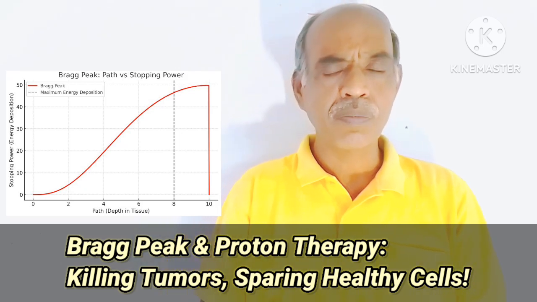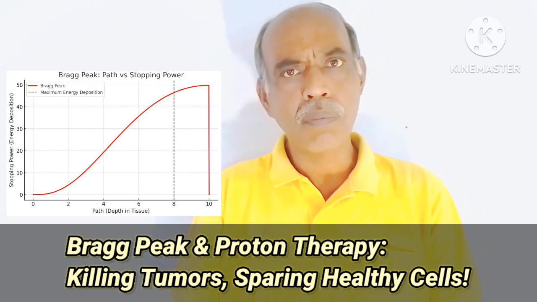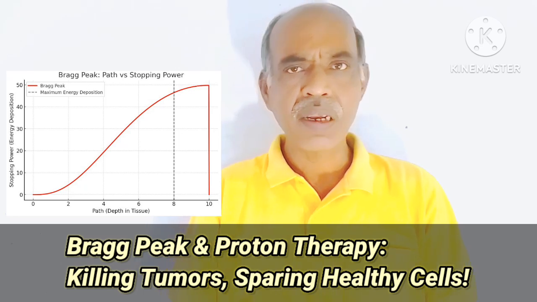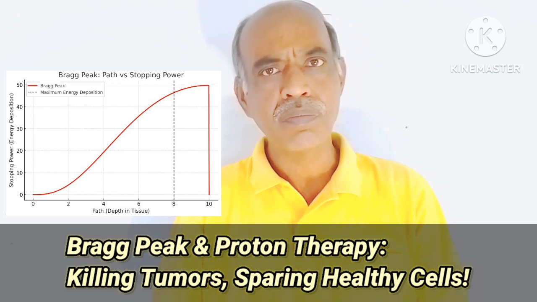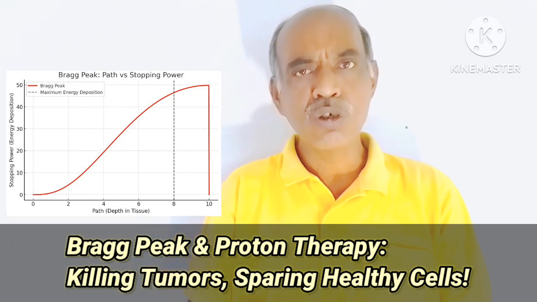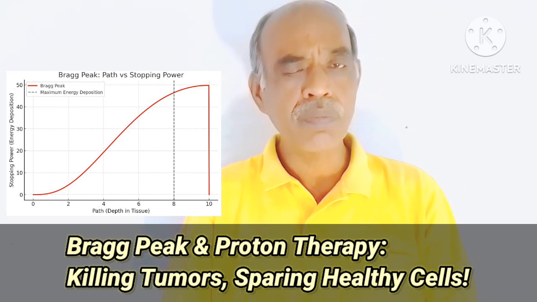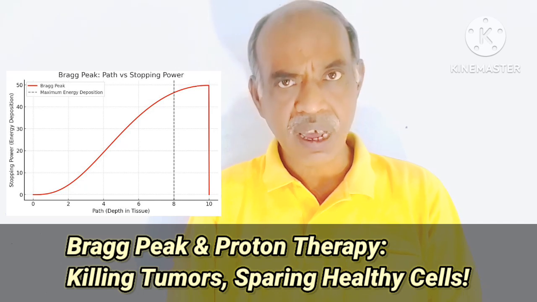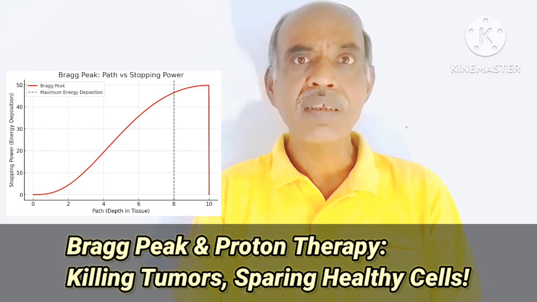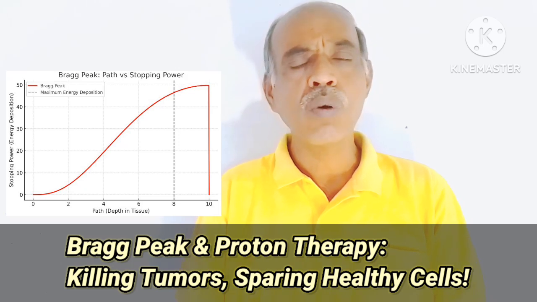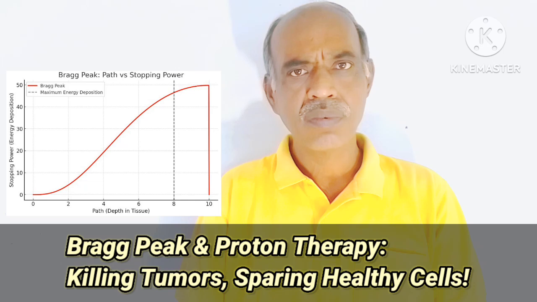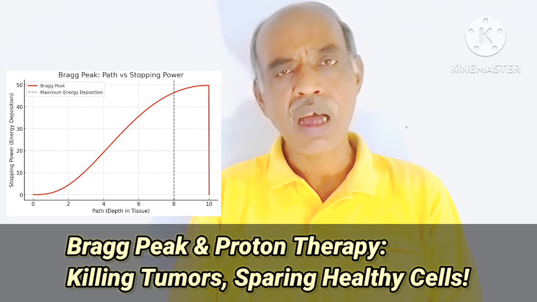That means by manipulating things, you can treat cancer very well using a proton beam. When the proton beam reaches the tumor site, only at that site it delivers the maximum energy. And what is the use of that energy? To destroy the tumor.